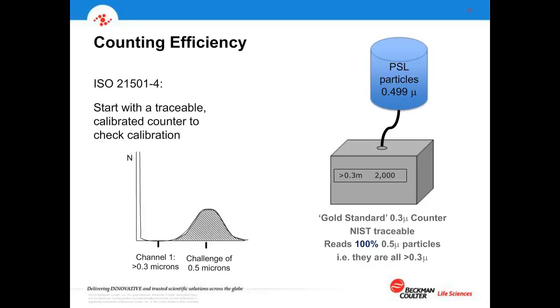It's not an absolute spike, you could say, at 0.5 microns, because there's variation both in the challenge material, in the perfect spheres that we send in. There's also some variation due to the instrument. By resolution, we know what that variation should be, and it's within limits. But when we actually take a challenge in, we'll get variability there.